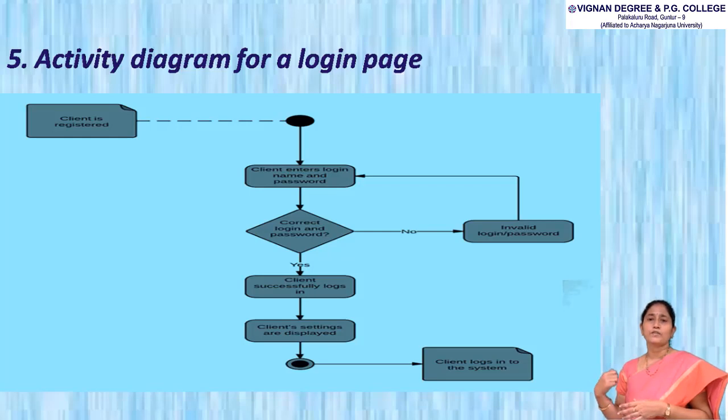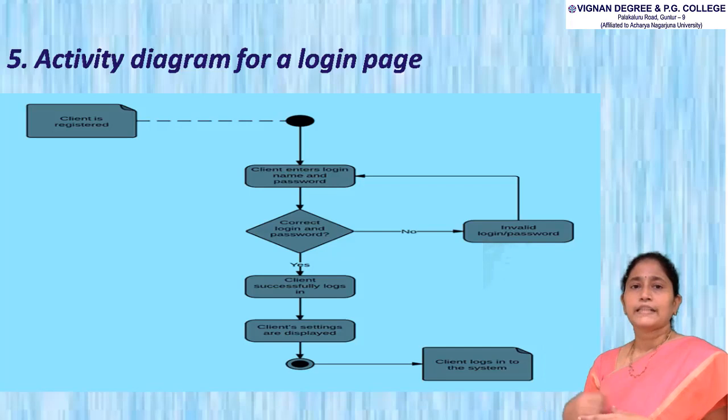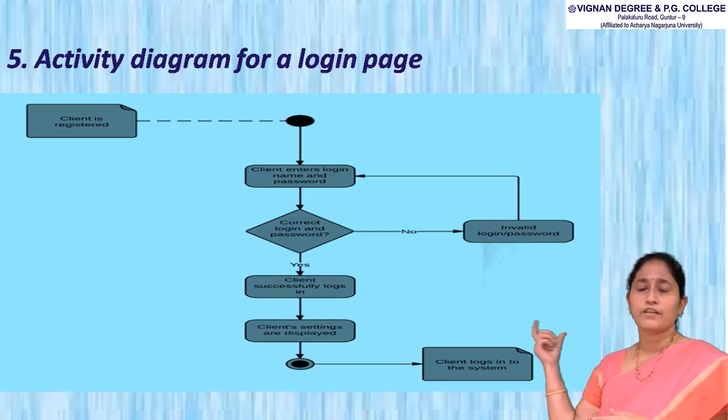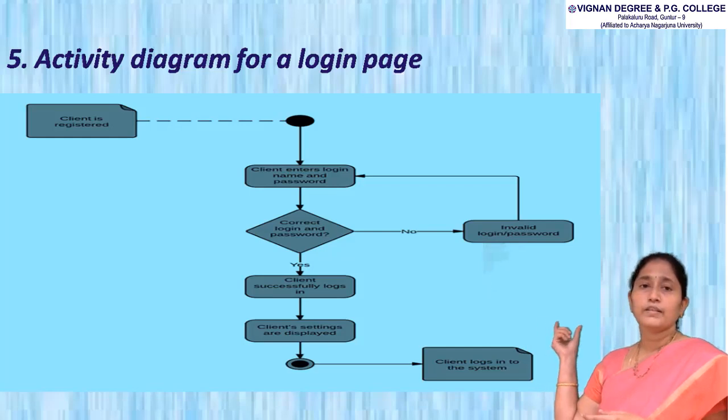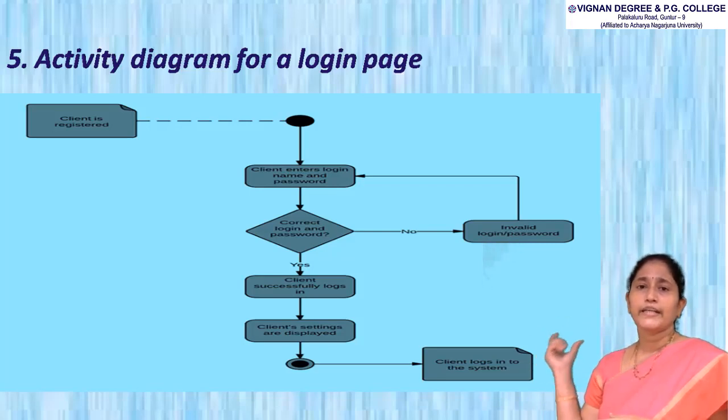and nodes. If you see this symbol, the client is registered. So first, this is the node symbol, and in this node the client is registered. The black circle is the starting symbol. It is associated with the client entering login name and password.